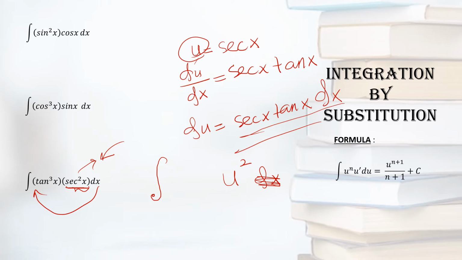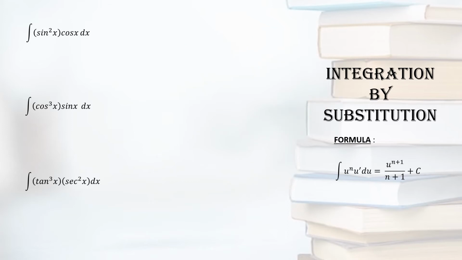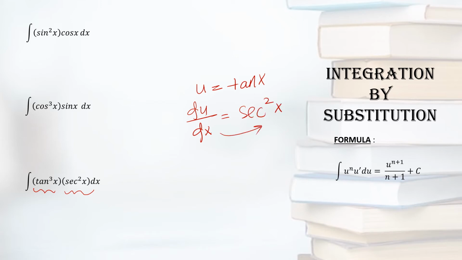But in order to apply the u-substitution method, especially when you are dealing with tan x and secant squared x, take tan x as the inner function and check. By taking the derivative with respect to x, you will get secant squared x. So see, you are standing at the right place because you get the derivative in the question.